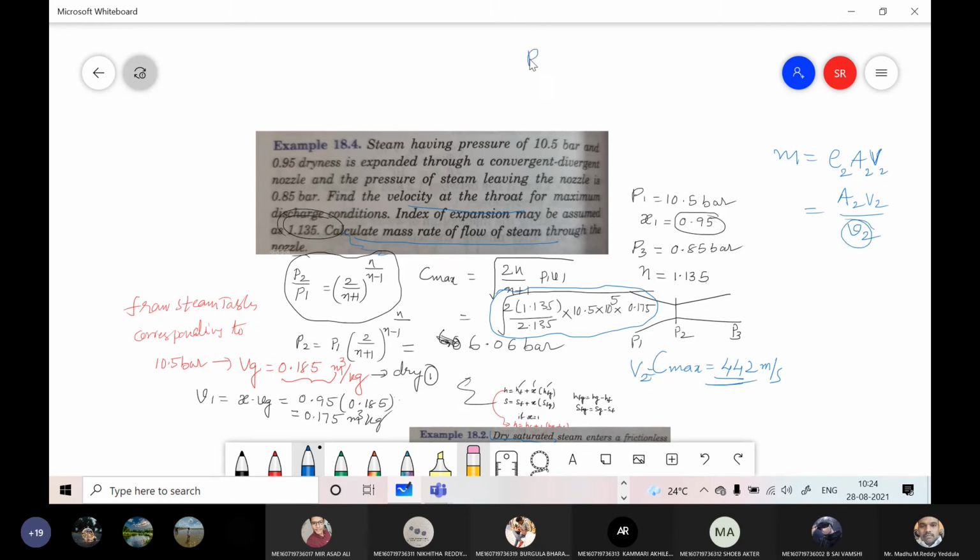Specific volume v2 we don't know, right? For that we can consider P1 V1 power n is equal to P2 V2 power n. P1 value is known, P2 value is known, V1 is known. The only unknown is v2, which we can calculate.